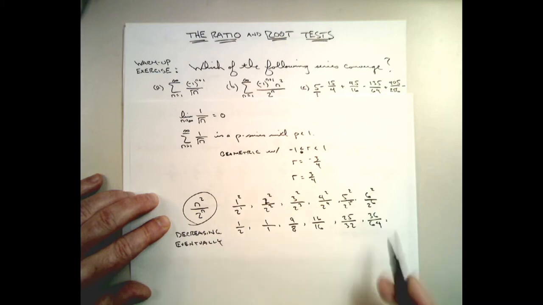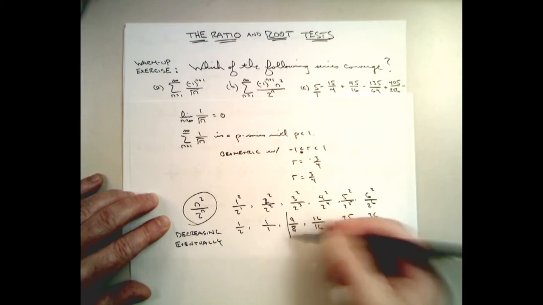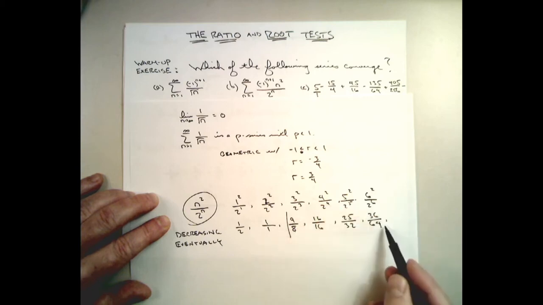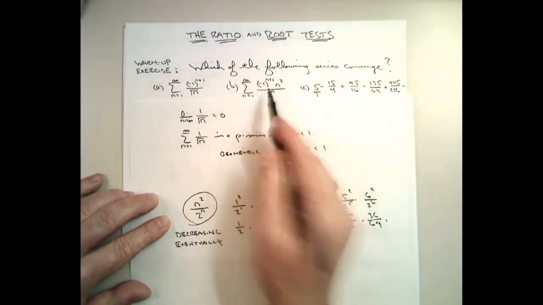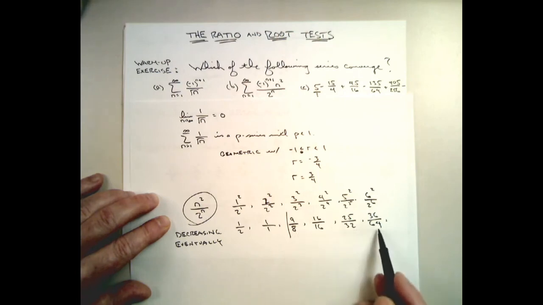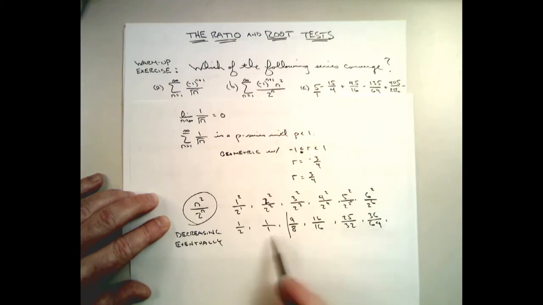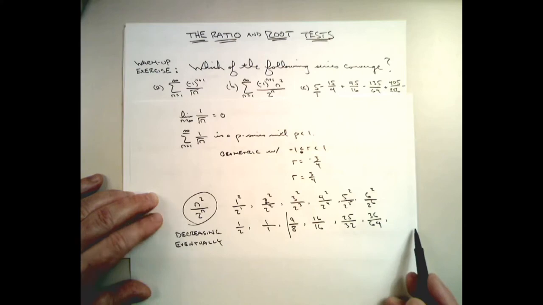Right, so they're eventually decreasing. By the time we get to here, from this point on, my terms are all decreasing, and that's good enough. So what I have is an alternating series, and the terms of the alternating series are decreasing in value after the third term. It doesn't really matter, so long as that's happening at some point and continuing forever thereafter. That's good enough for the alternating series test.